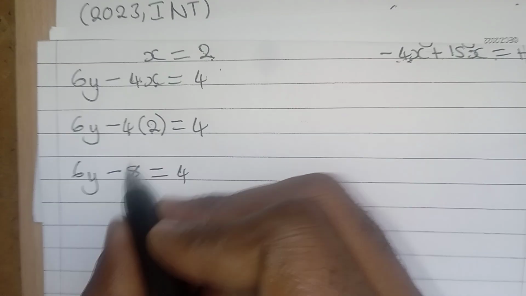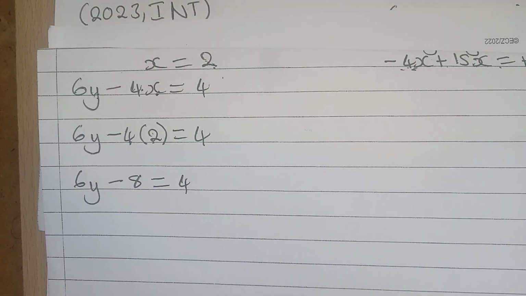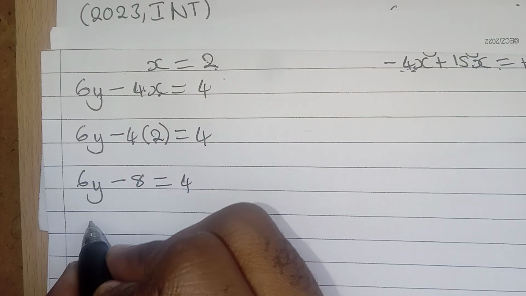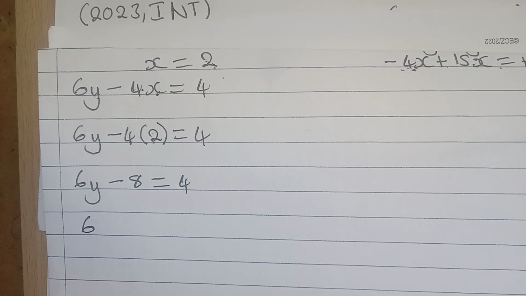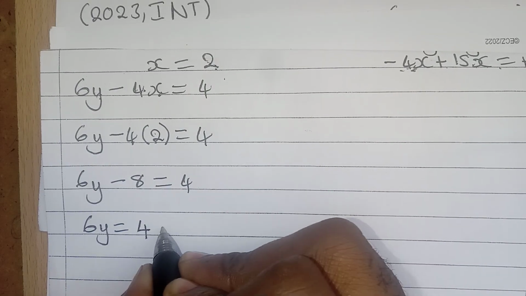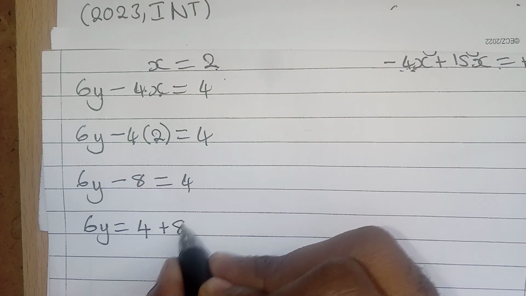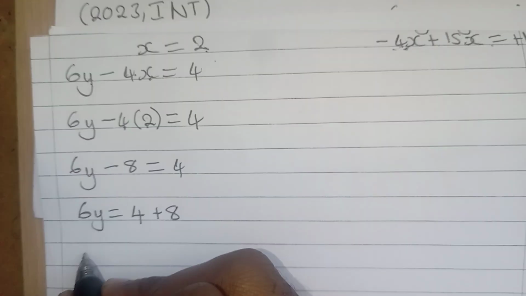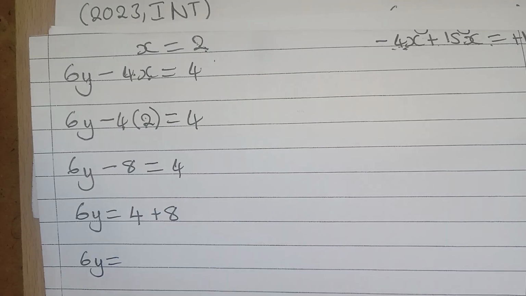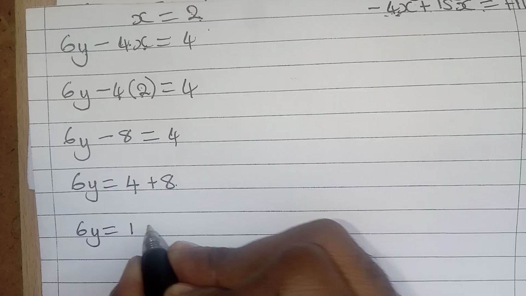And then you can take the 8 to the other side. Remember, this is a linear equation, something you have solved before. So we have 6y is equal to 4 plus 8, because when the 8 goes to the other side, the sign will change. Then you have 6y is equal to 12.